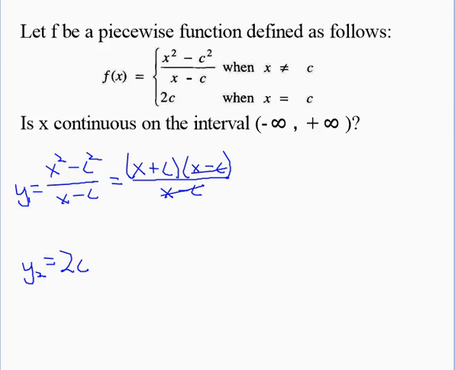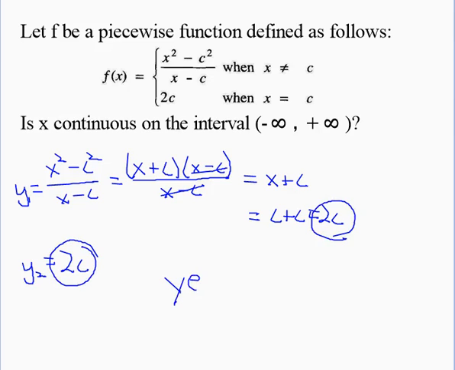So we want to look at this function x plus c. Although c is still not part of the domain, will these two be equal at x equals c? So now if we put c in here, we get c plus c, which is 2c. And so 2c does equal 2c, and so the answer is yes, it is continuous.